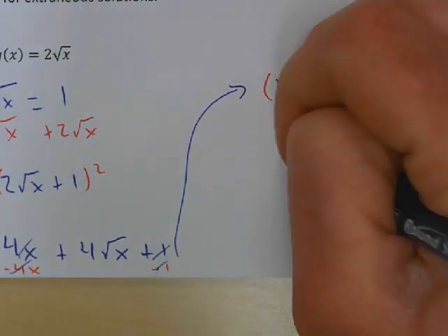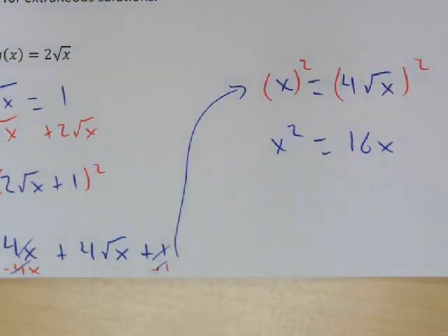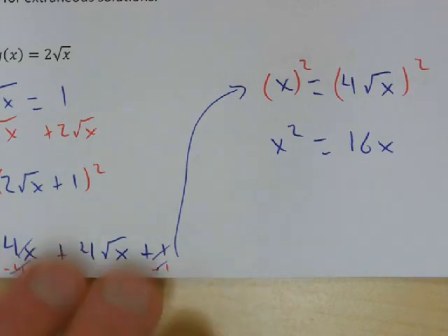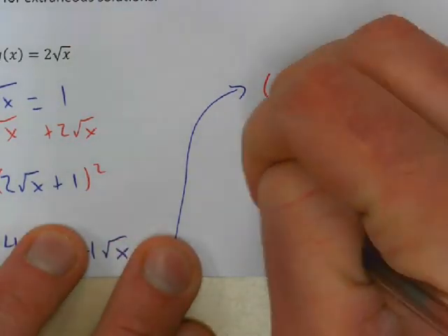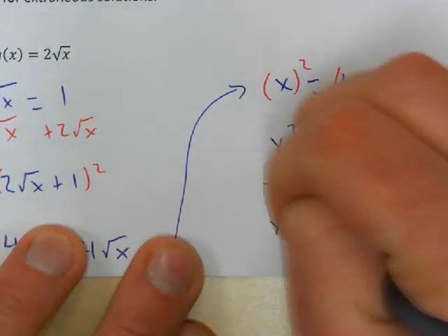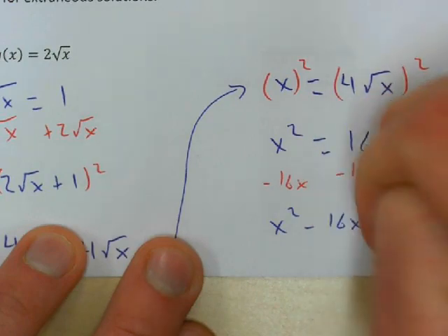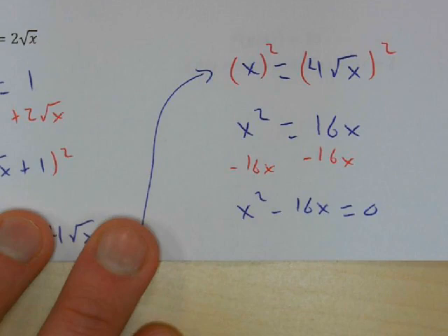Okay, so then that gives us x squared equals 4 root x times 4 root x is 16x. Okay. All right, finally, no more radicals. Now we can work on solving this thing, which we're going to do by subtracting 16x from both sides. So we get x squared minus 16x equals 0. I know this is a long problem, but that's why there's only one of them.